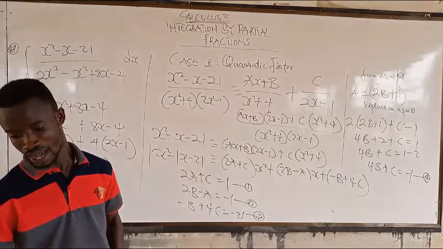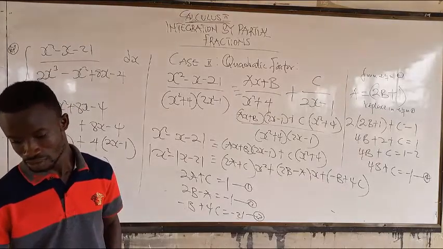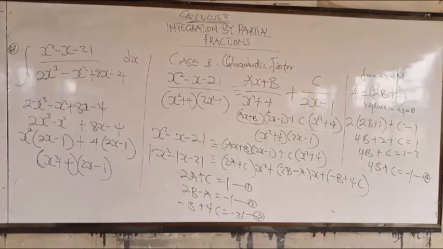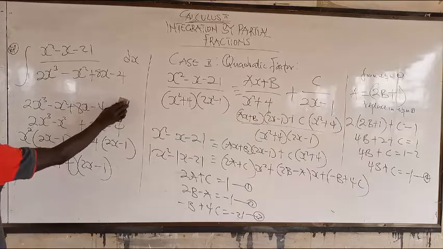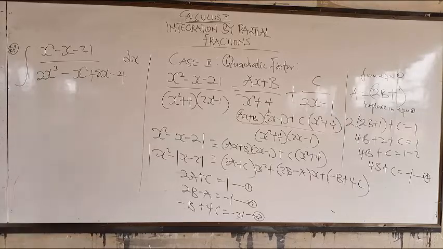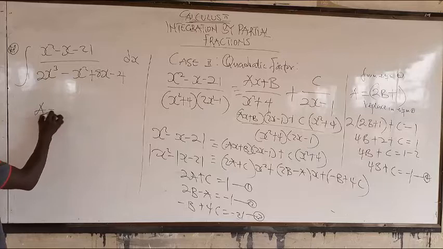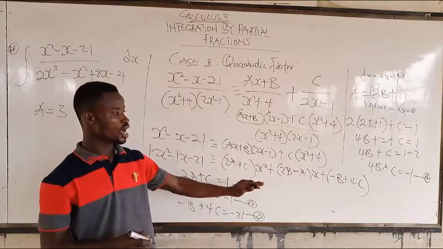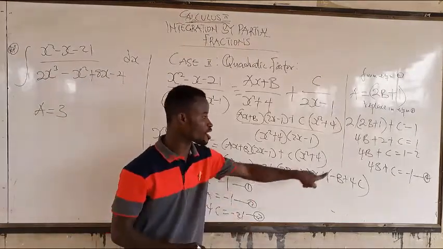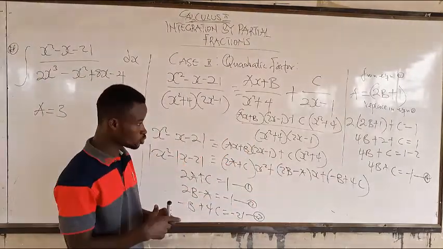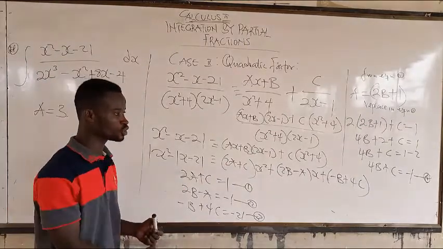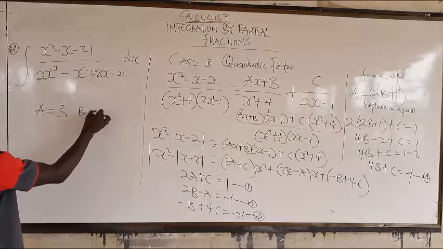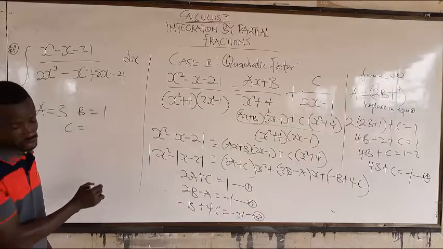So when you do that, you are going to get A to be equal to 3. You can pause the video and continue to solve equation 3 and 4 simultaneously. Whether by substitution or elimination method, you get B to be 1, C to be equal to negative 5.